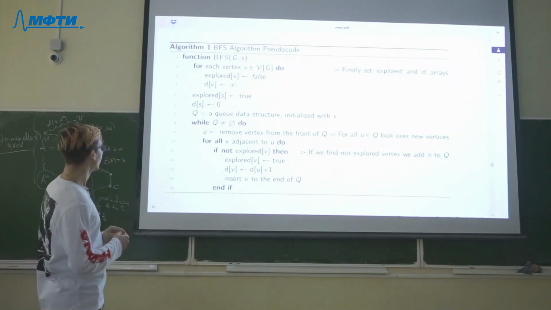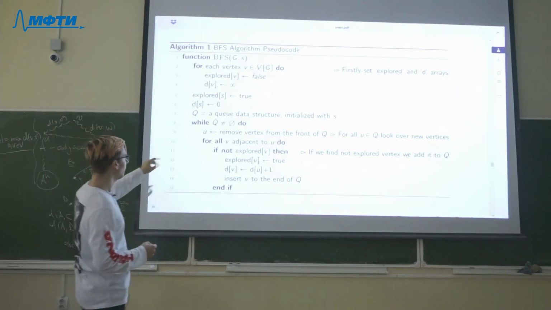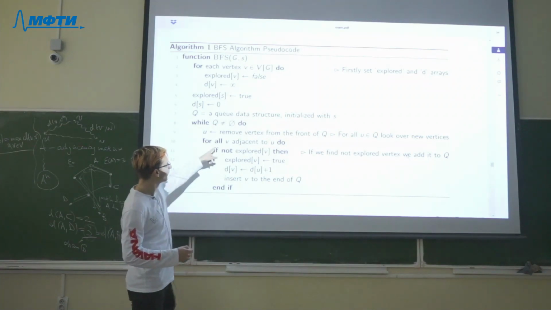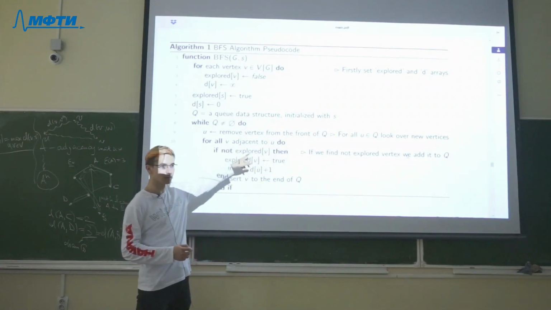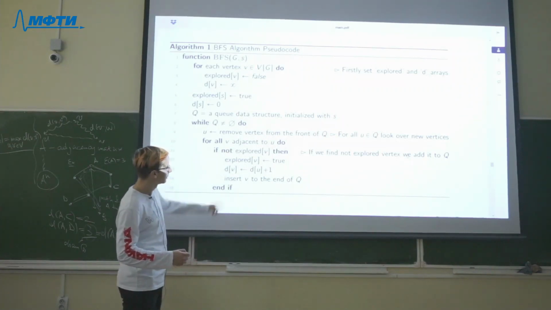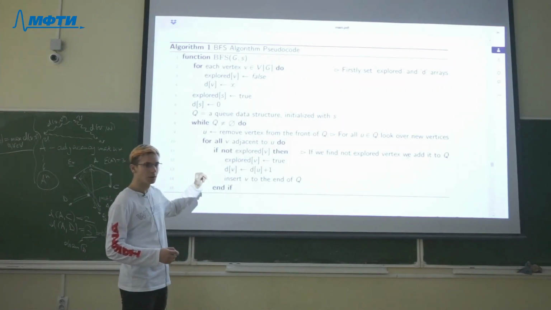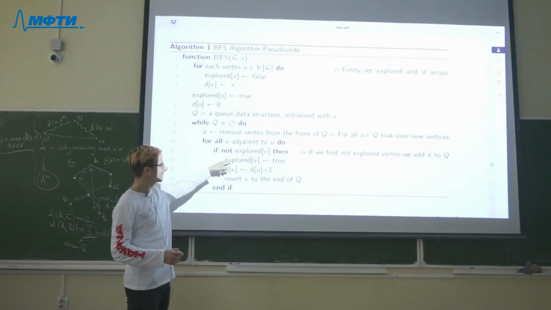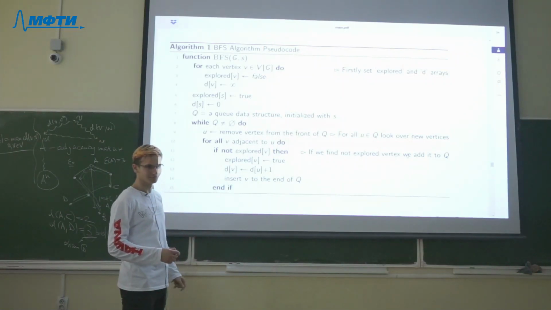Nice. Okay, then we get vertex U from Q, and for all adjacent vertices, if they are not yet explored, we set the distance to them and mark them as explored now.